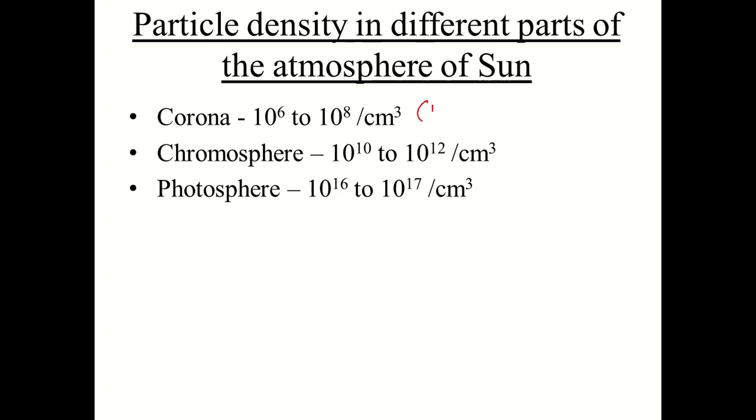If you consider the chromosphere, it has a particle density of 10 raised to 10 to 10 raised to 12 particles per centimeter cube, and the highest particle density is for photosphere, which ranges from 10 raised to 16 to 10 raised to 17 particles per centimeter cube.